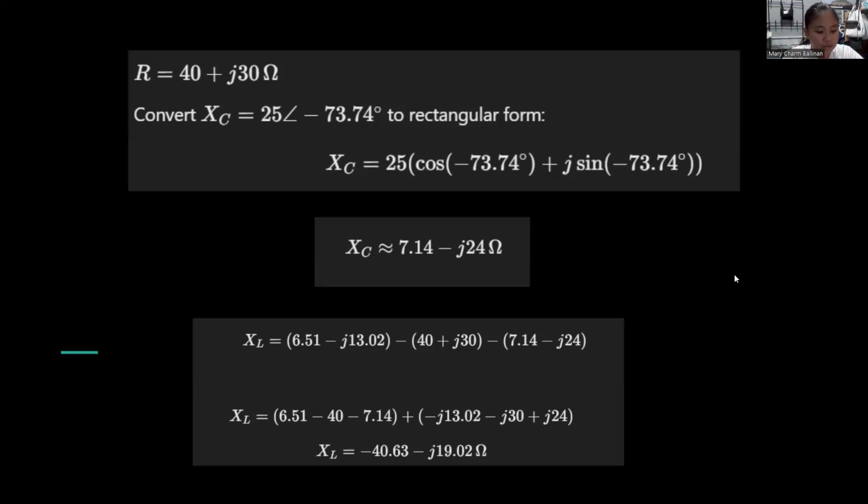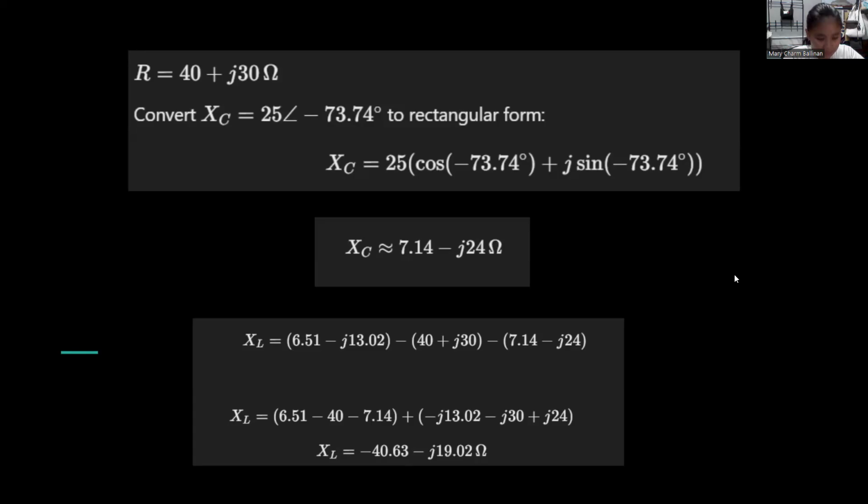For XL, we should substitute all the values. So having 6.51 minus j13.02 minus 40 plus j30 minus 7.14 minus negative j24.